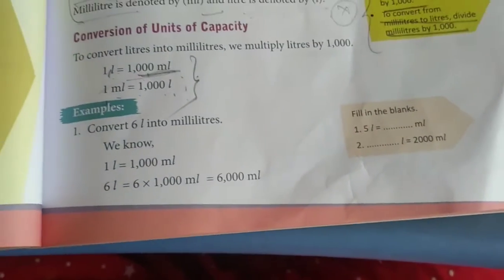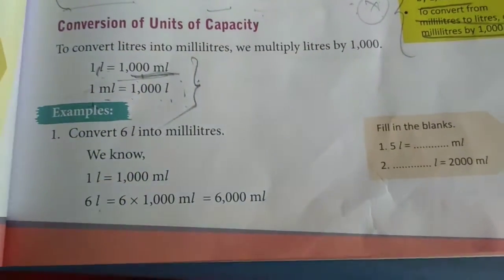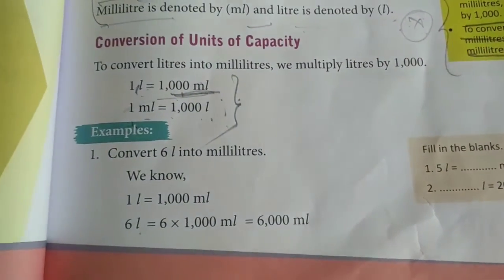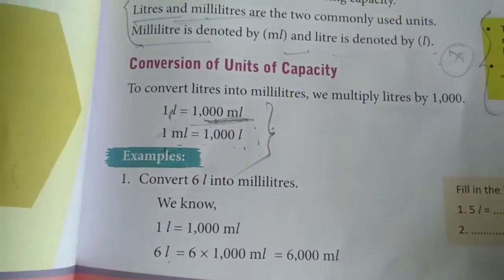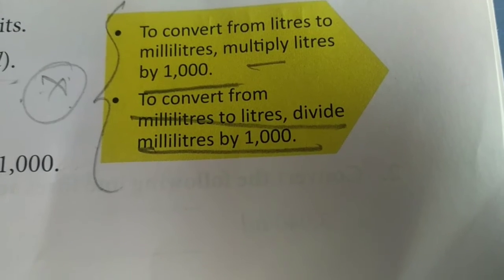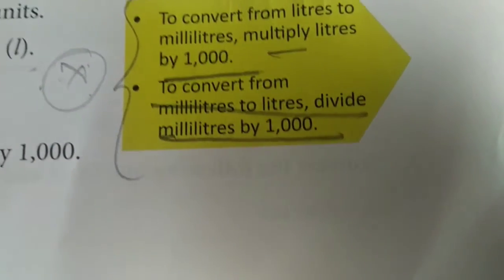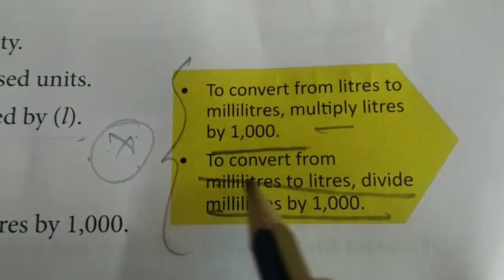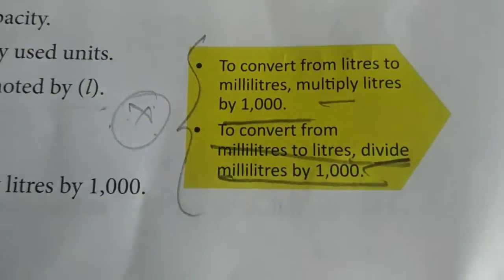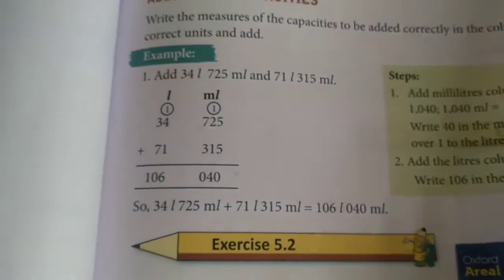So 6 liter is equal to 6 into 1000 milliliter. So the answer is 6000. To convert liter to milliliter, multiply liters by 1000. Just reverse for lower to higher: divide by 1000. Are you clear, guys? Next, addition of capacity as well as subtraction of capacity.